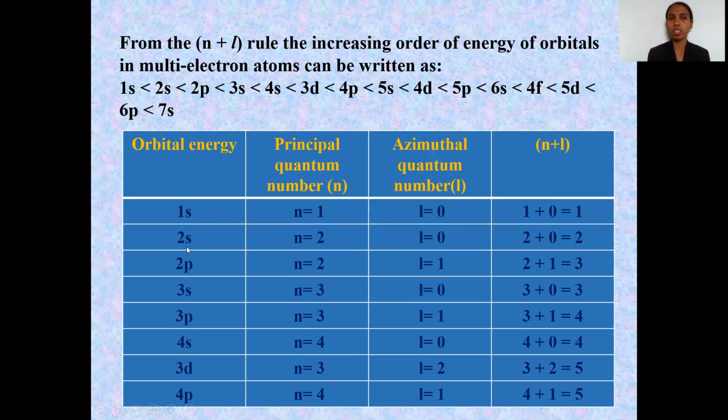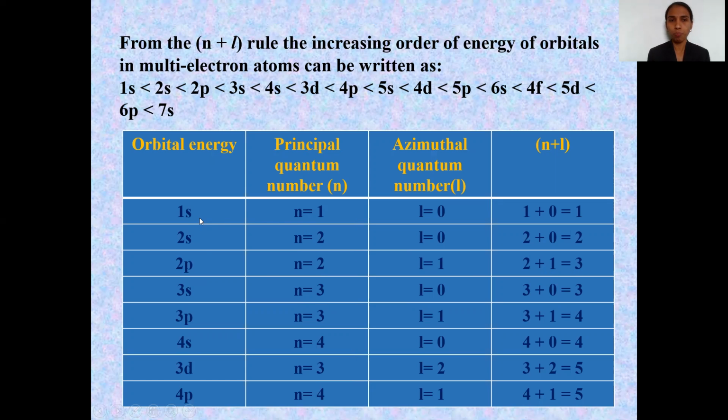Now if we consider the 2s orbital, n is equal to 2, l is equal to 0. So 2 plus 0 is 2. If we consider 2p orbital, n is equal to 2 and l is equal to 1, as the subshell is p. So 2 plus 1 is 3.